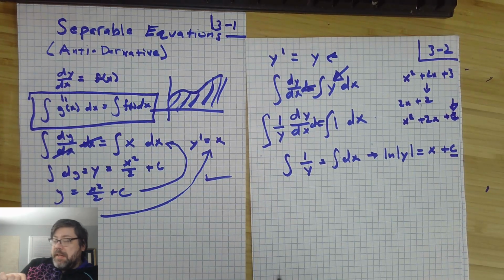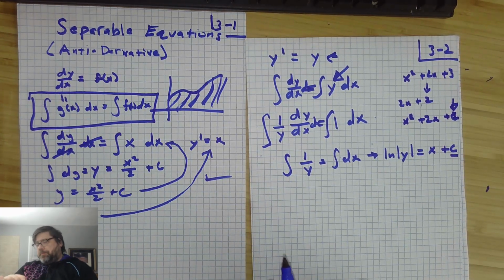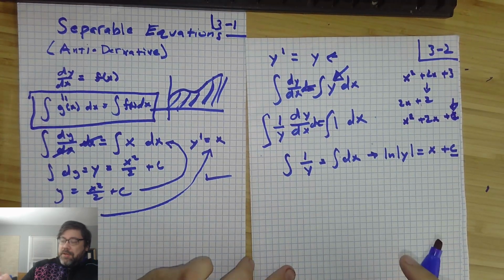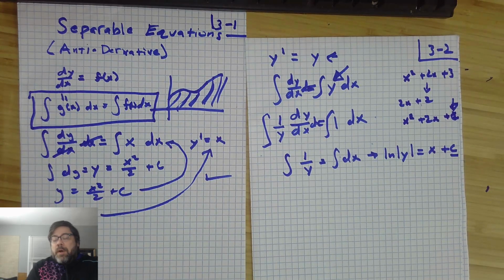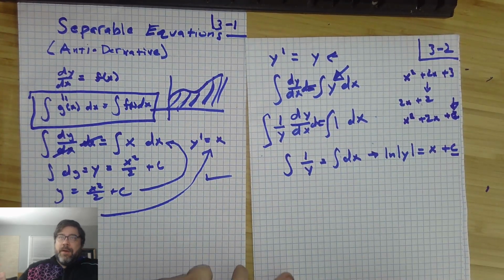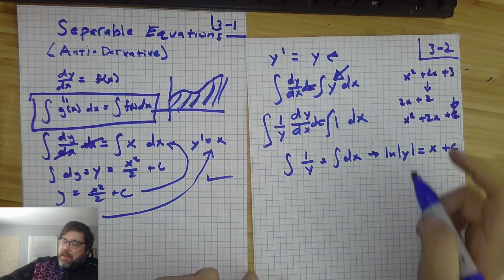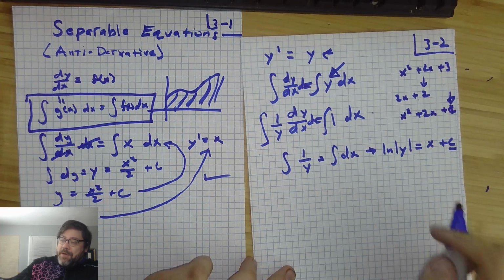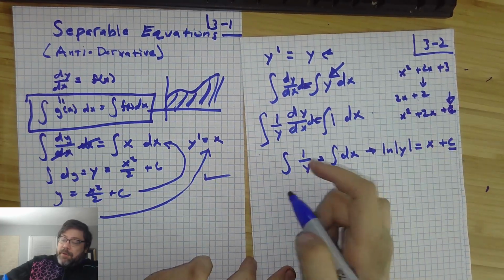And this constant is going to be determined by some kind of, we call them initial conditions, but basically we need one plot point on the graph. And let's go ahead and work that out here and we'll see what that's going to be. So if this is our solution, then now we can go back to doing algebra, right? I can take e to both sides.